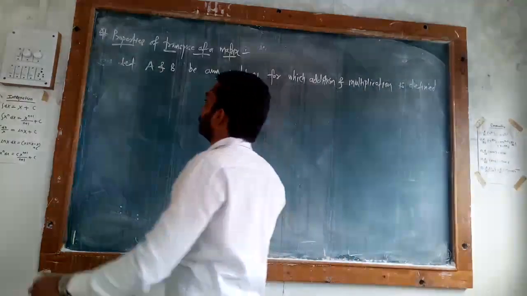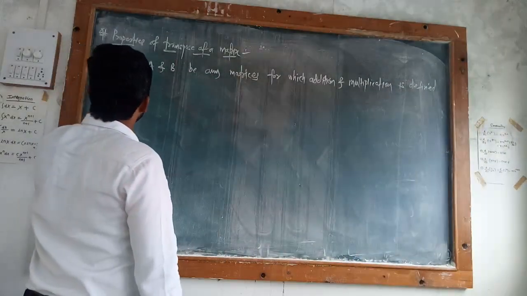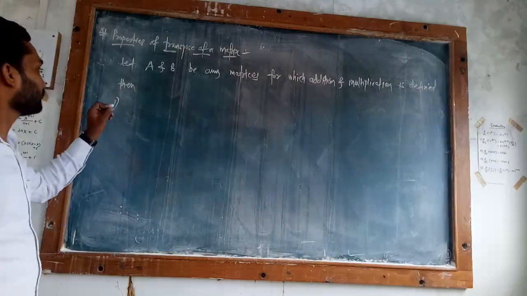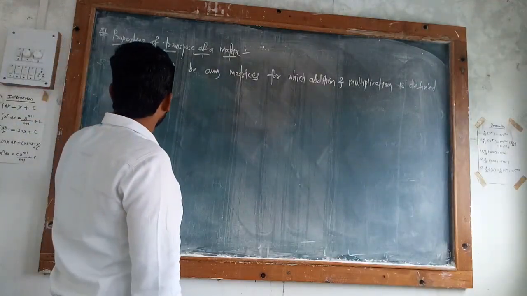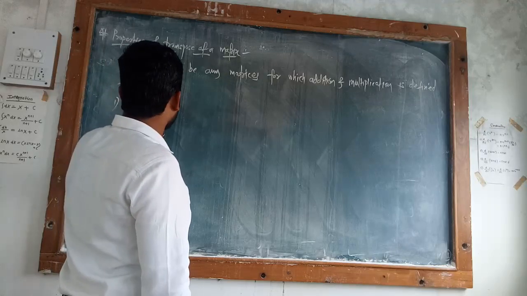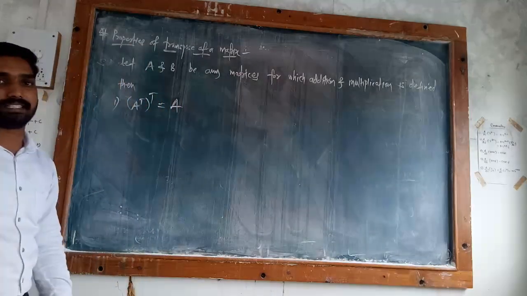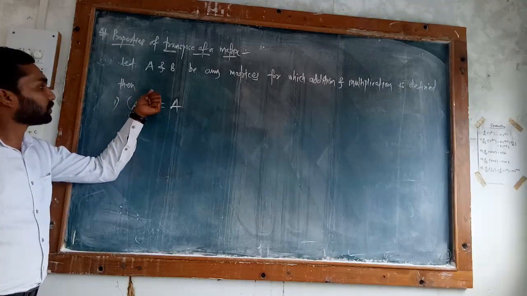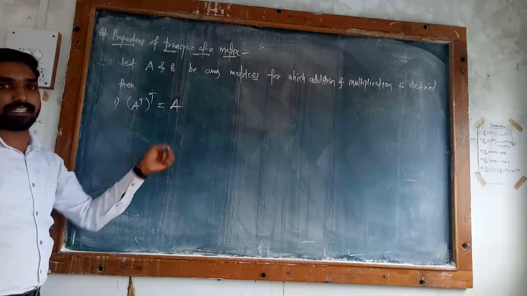Then the first property is that A transpose, taking its transpose again, becomes the original matrix A.